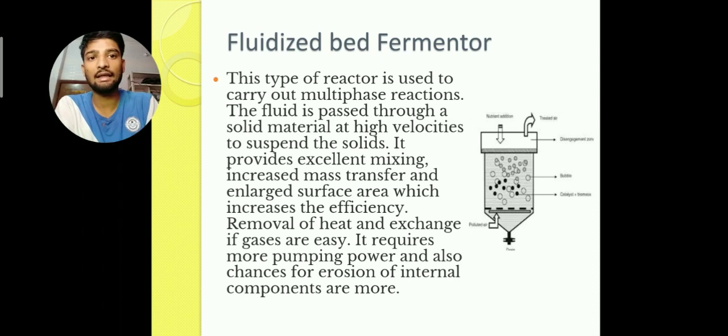Removal of heat and exchange of gases are easy. It requires more pumping power, and the chances of erosion of internal components are more. But it provides excellent mixing and increased mass transfer and enlarged surface area, which increases the efficiency of mixing in the fermenter.